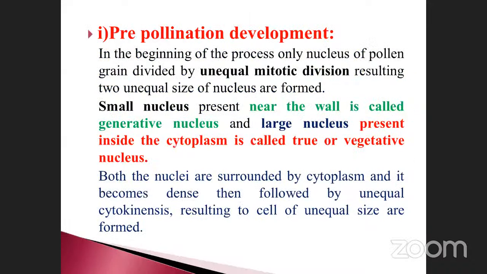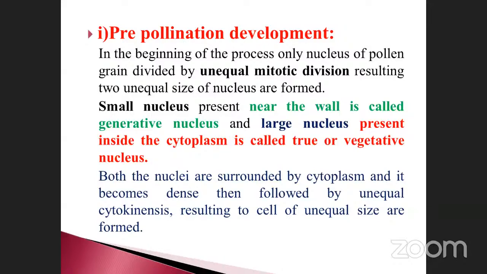So next, what are the changes in pre-pollination development? Before pollination, what changes occur within the pollen grains? In the beginning of the process, the nucleus of the pollen grain divides by unequal mitotic division. After maturation, the pollen grains come out.